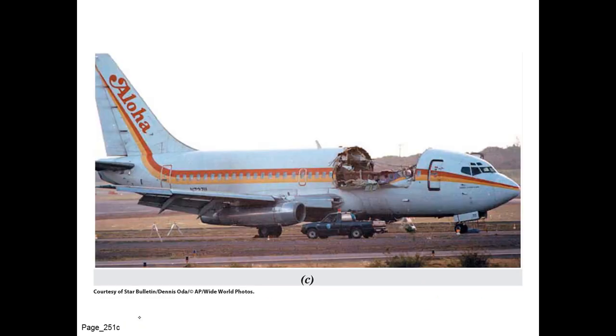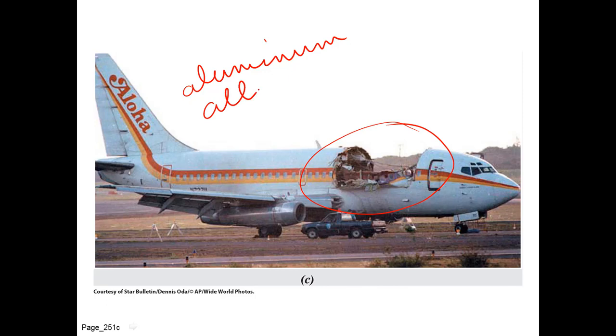The other example that I showed last time was that of the Aloha airliner, where the failure was the tearing off in flight of the canopy. In this case, it's an aluminum alloy. The failure occurred because of fatigue. This particular plane had many takeoffs and landings every day as it went from one Hawaiian island to the next.